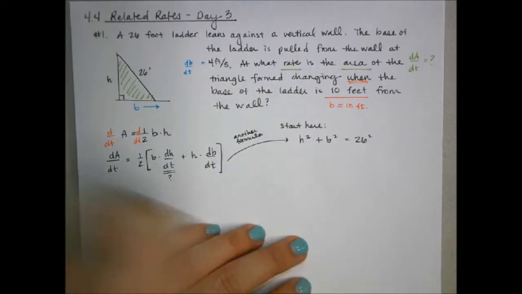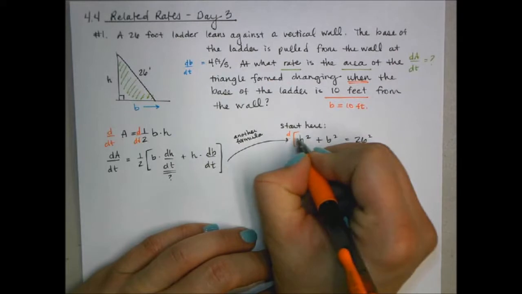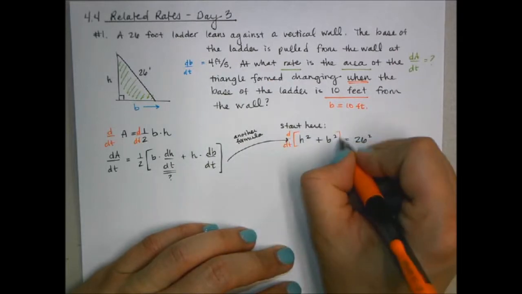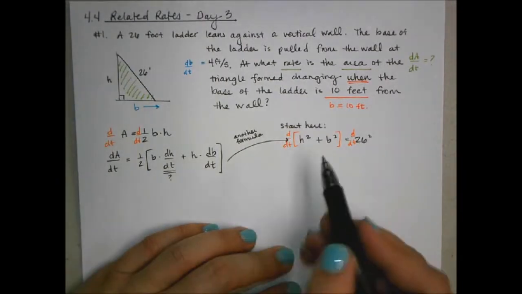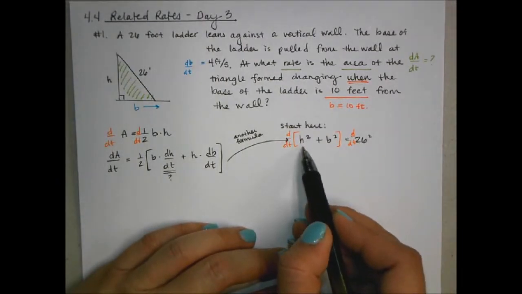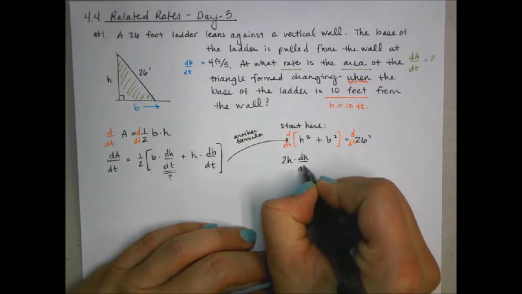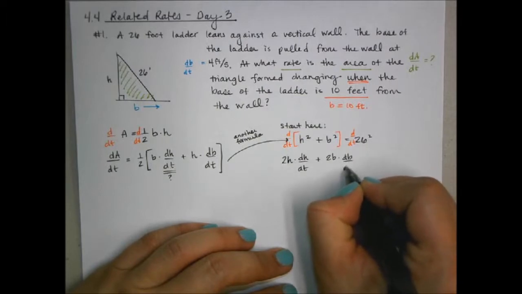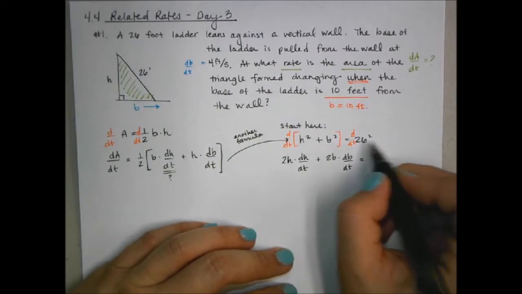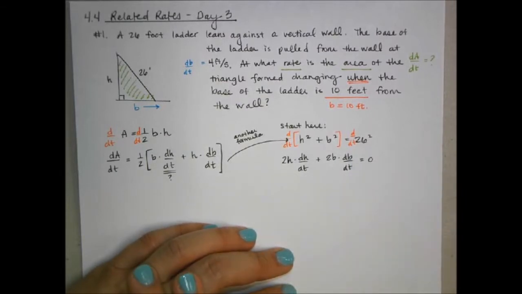So we'll do our derivative of each side with respect to time over here. And of course, this gives us 2h followed by dH/dt plus 2b followed by dB/dt is equal to the derivative of any number. This is just another number, 26 squared. Derivative would be 0. All right.